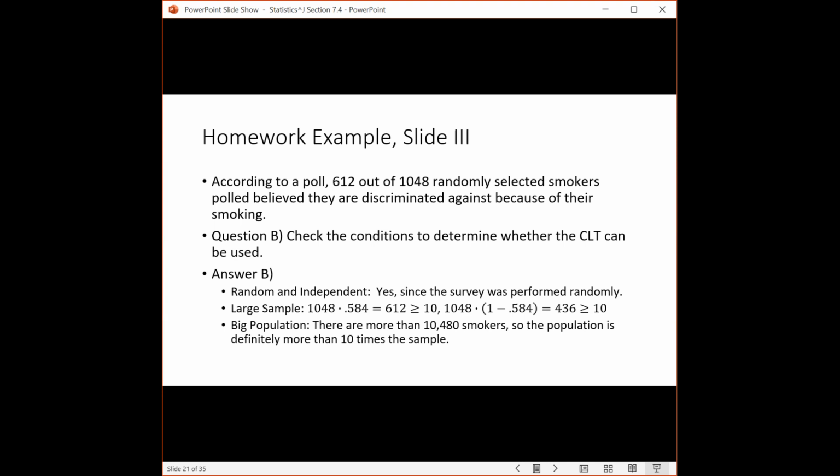Well, one of the key things there is that idea that there is a normal distribution around population parameter P. And the only way that's true is if the central limit theorem is true.